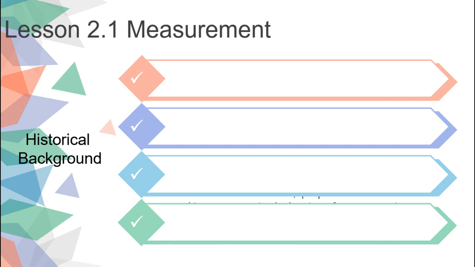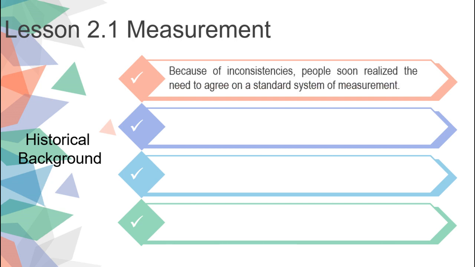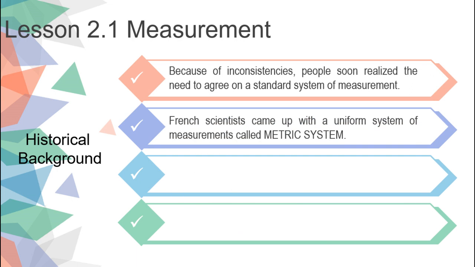That is why, because of these inconsistencies, people soon realized the need to agree on a standard system of measurement. There were meetings, discussions, and probably brainstorming. One time, French scientists came up with a uniform system of measurement, which they called the metric system. The metric system uses a decimal base.